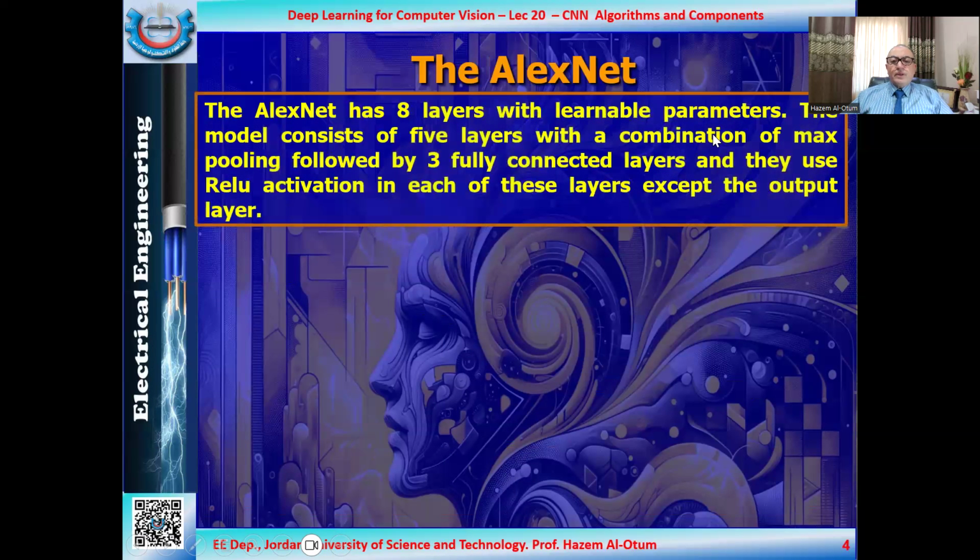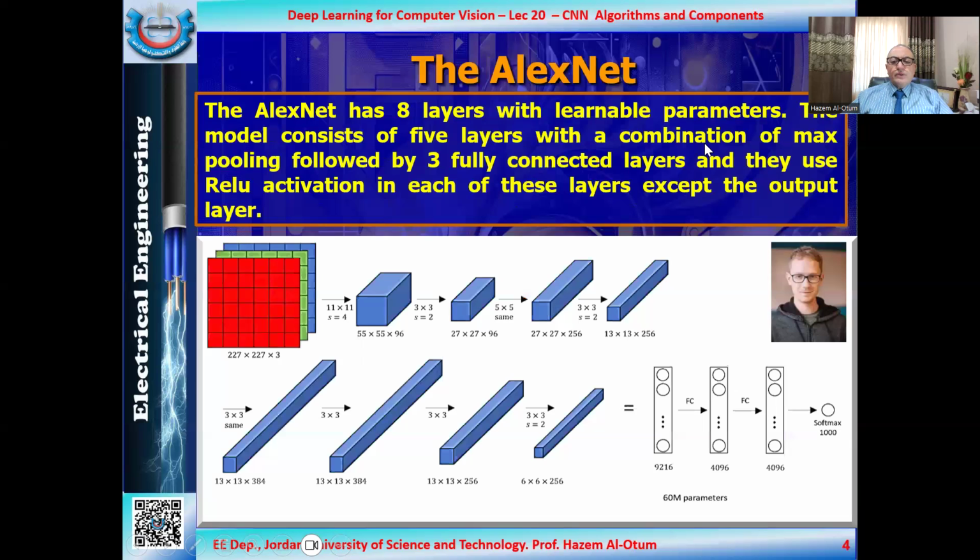If we start to talk about AlexNet, it contains 8 layers. Let's have a look at the block diagram of this deep learning network. Here, the photo of the author Alex. As you see here, it has 8 layers with learnable parameters.